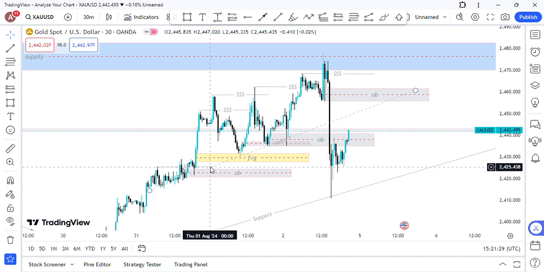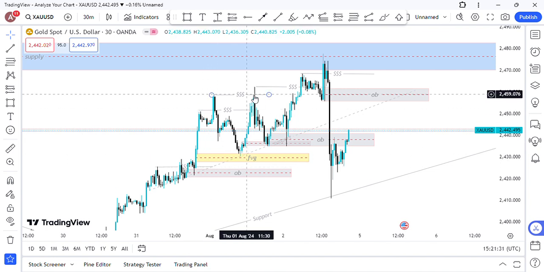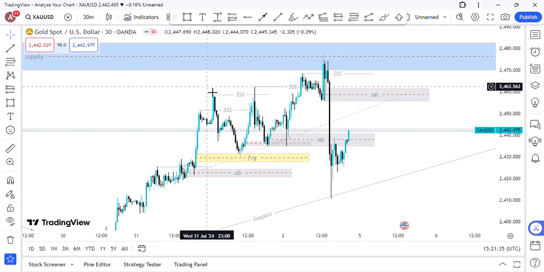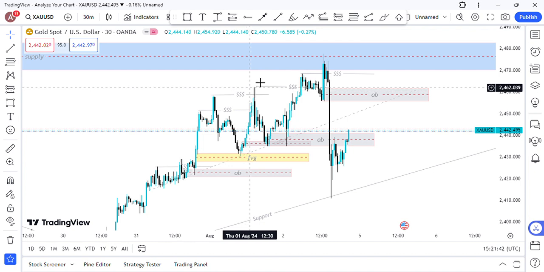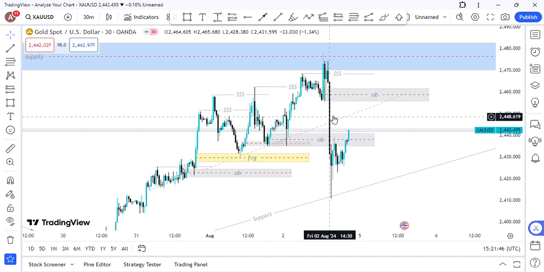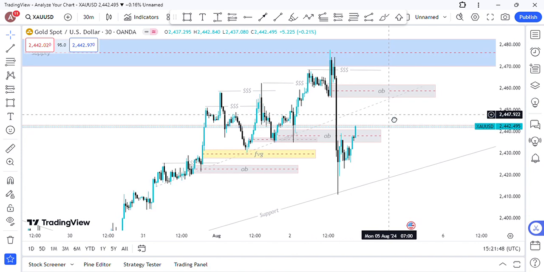Now, this is the liquidity graph. We talk about it, the liquidity graph. So the market will seek liquidity and it will grab liquidity. It will seek from here and it will grab it. That's what the market is doing.